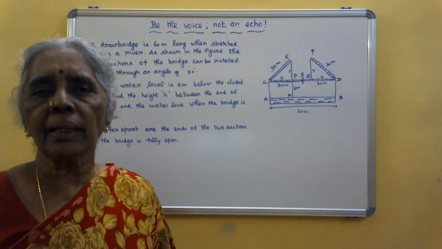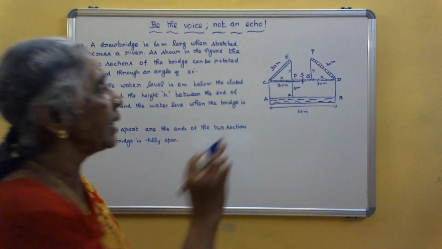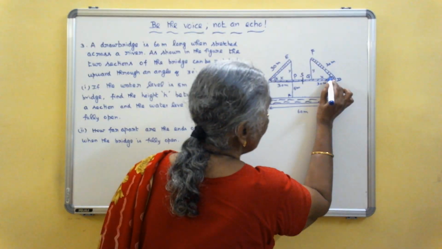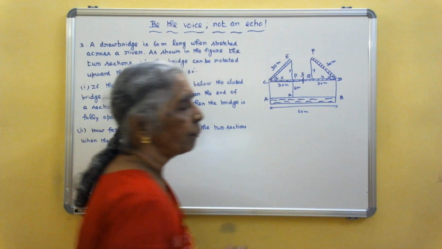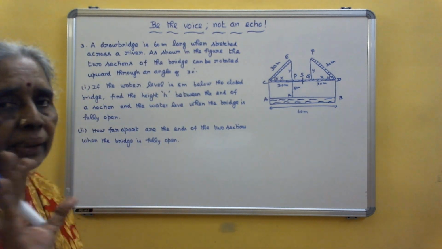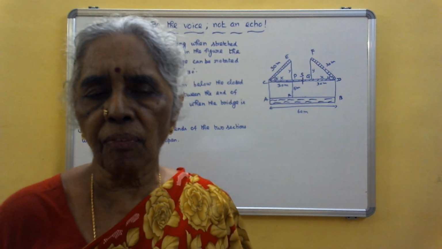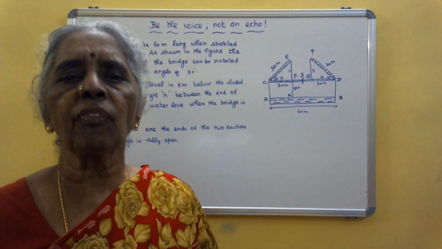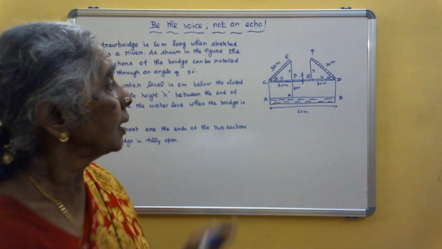They can be rotated at an angle of 30 degrees. So here, this is 30 as well as this is 30. That is given. Okay. So now the CE and DF are the position when the two sections are fully open.